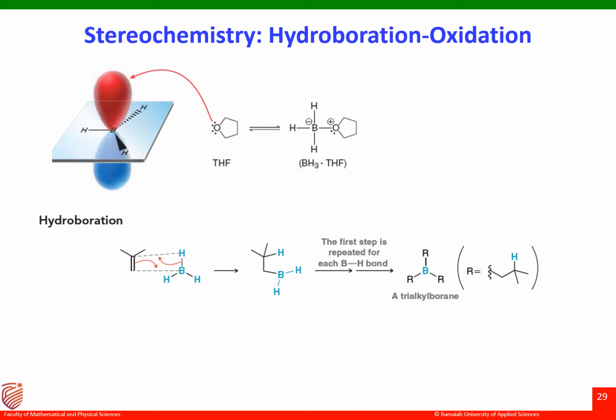You can see that boron reacts with tetrahydrofuran, which can donate electron density to the empty p orbital of borane. So the empty p orbital of borane is being filled. Now, although the boron atom receives some electron density from the solvent, it is nevertheless still very electrophilic in nature and subject to attack by the pi bond of an alkene.